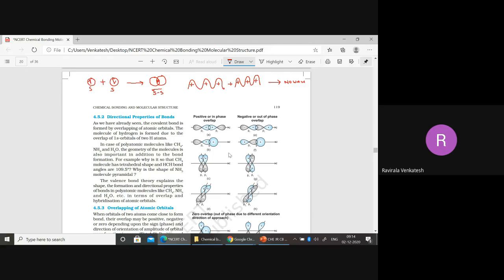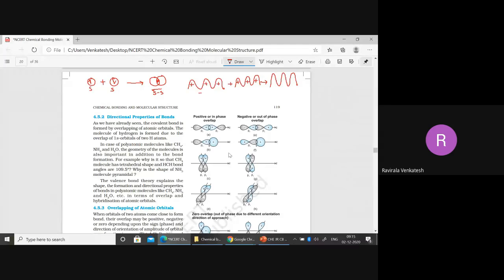They will meet each other to give an intensified wave like this. The wave intensity is increased, because plus and plus: 5 rupees plus 5 rupees, we get 10 rupees.